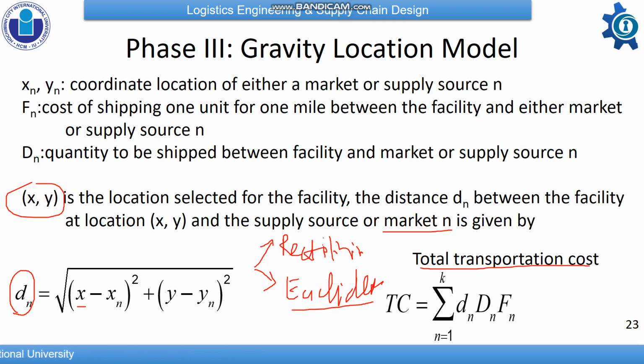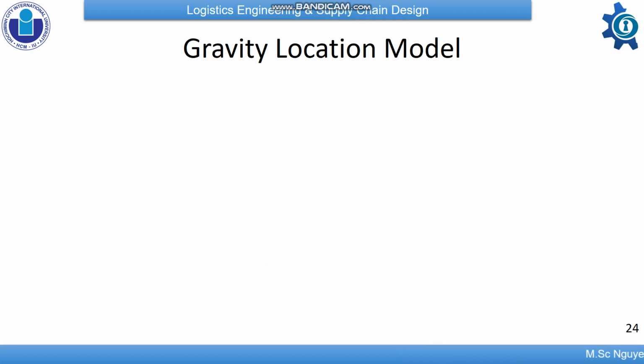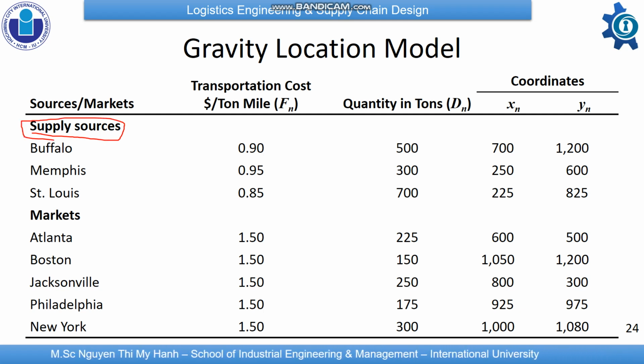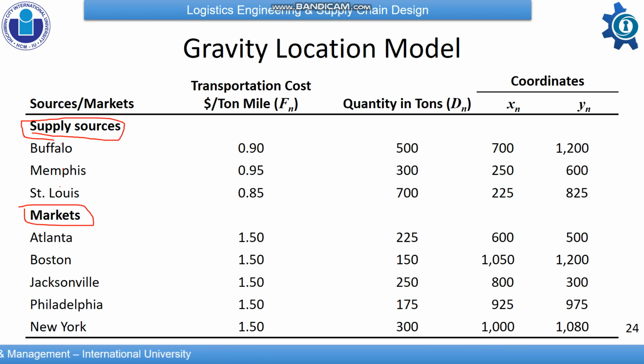And our objective is we want to minimize the total transportation cost. So let me give you this example. I have 3 supply sources and 5 markets.